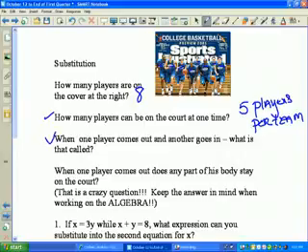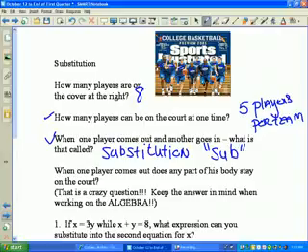So when one player comes out and another goes in, what is that called? Hopefully you're saying that's substitution. For sports lingo, we usually say sub for short. Okay? So when you're making a sub, one person's coming in, one person's going out. So the next question asks, when one player comes out, does any part of his body stay on the court?